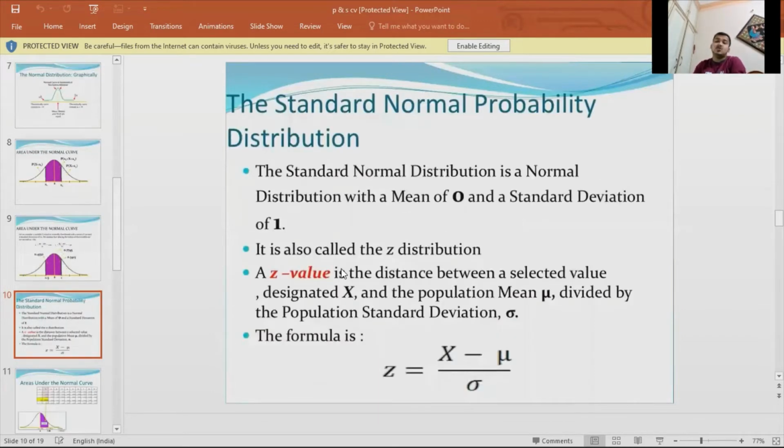The standard normal probability distribution. The standard normal distribution is the distribution with a mean of 0 and standard deviation of 1. It is also called the Z distribution. The Z value is the distance between a selected value designated x and the population mean mu, divided by the standard deviation sigma. The formula is Z equals (x minus mu) by sigma.